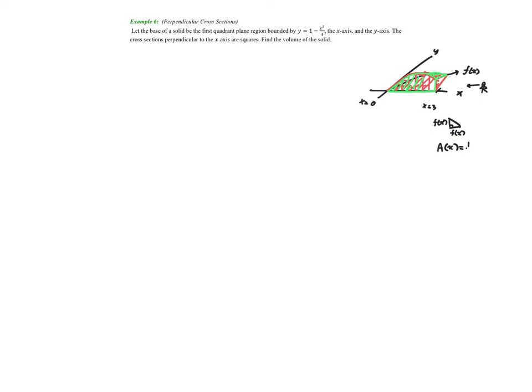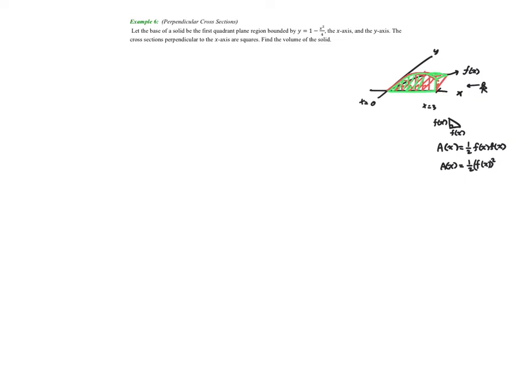So the area function, of course, would be the area of a triangle, which would be 1/2 base times height. So you could write that as half f of x squared. Okay, so that's how we build our area function with these perpendicular cross sections.